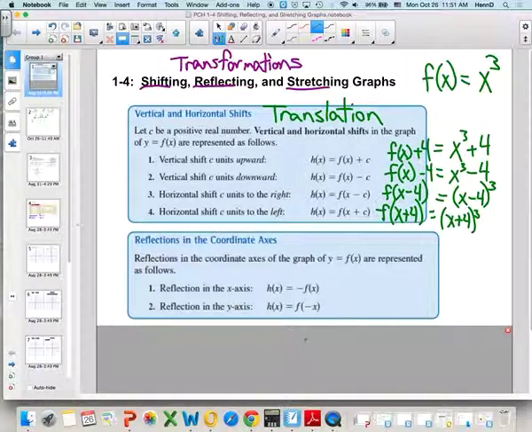If I'm reflecting, it's only moving it vertically, or it's actually flipping it vertically. So the x's are all going to stay the same. All that changes is that all the y coordinates, our f of x, are made negative, are made the opposite. So here we would have a negative x cubed.